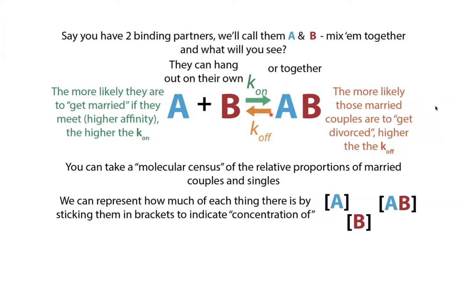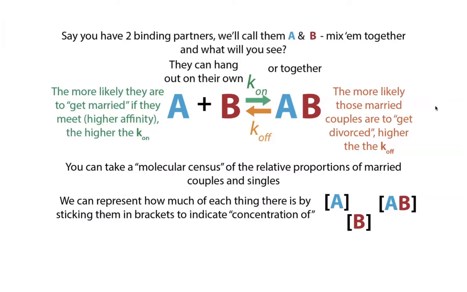But say he's not really what you thought, and so now you have a high probability of divorcing. That would have a high K off, which would then counterbalance the K on. So when these molecules reach equilibrium, for each couple that marries, there's a couple that divorces.